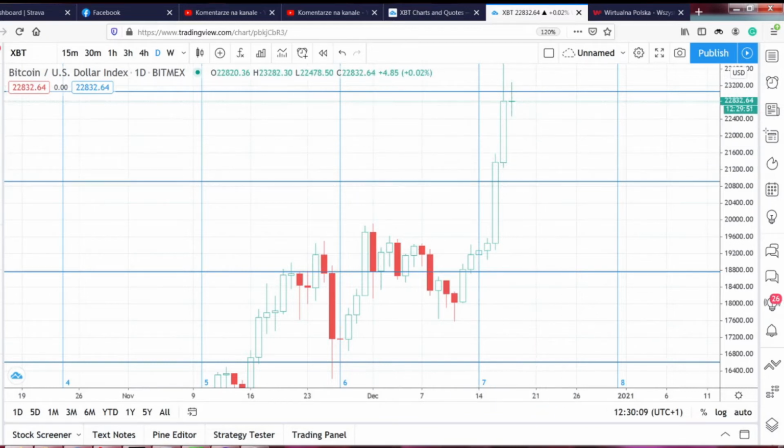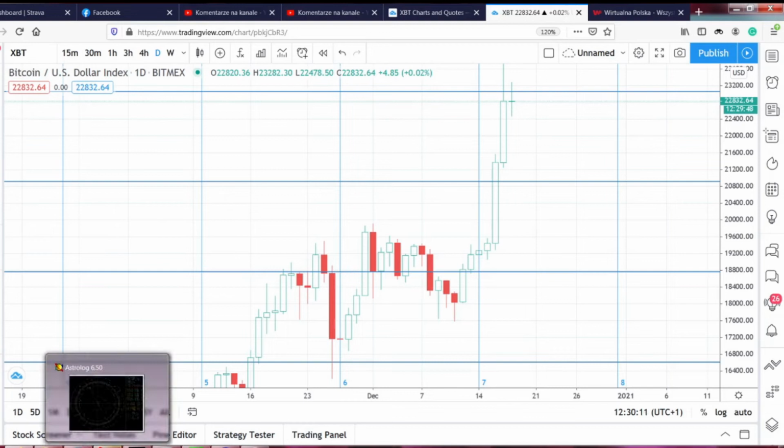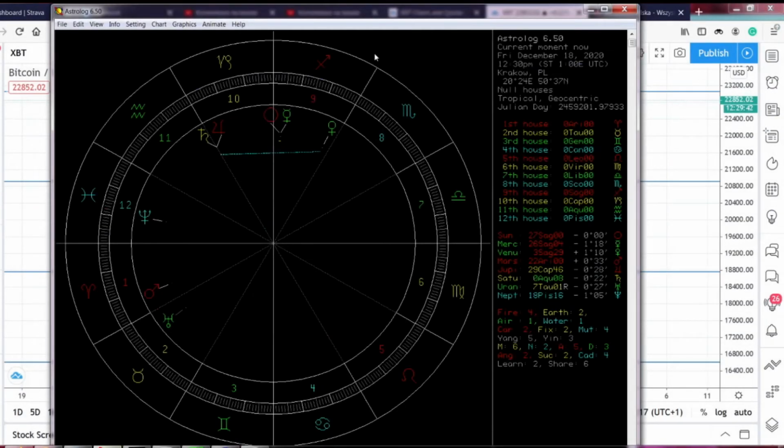What we've got at the moment, let me show you what we've got here. That's the date in Astrolog. We got two bikes traveling here. They are not bikes on the water, as W.D. Gann said, because they are not in a water sign.